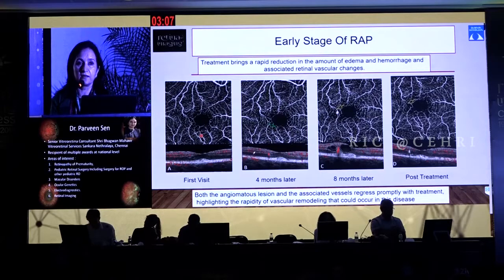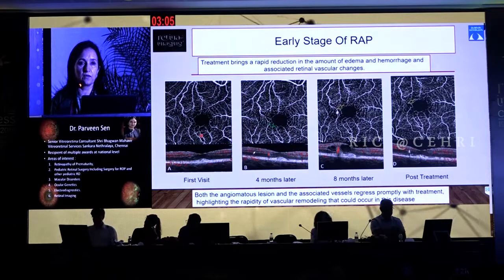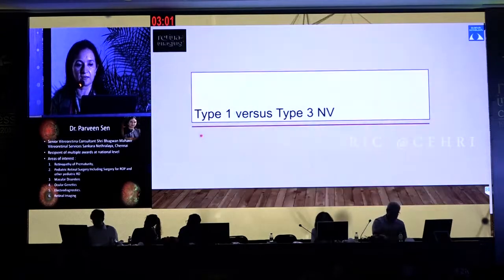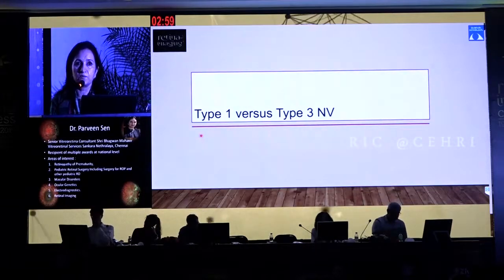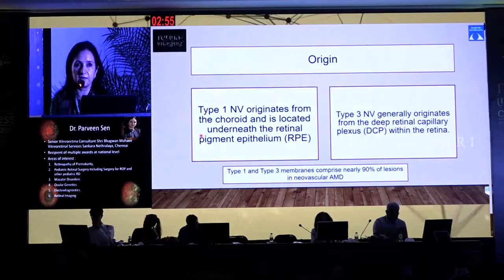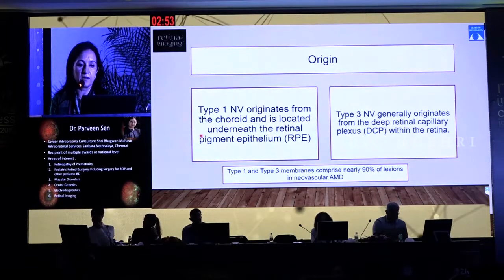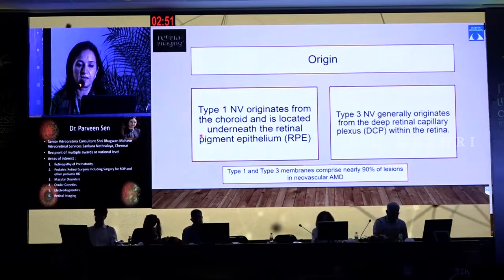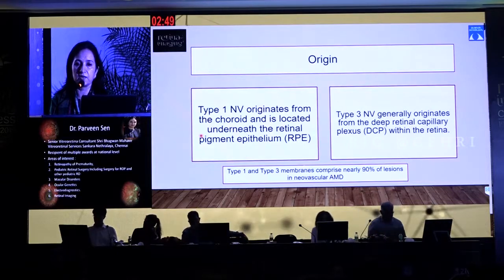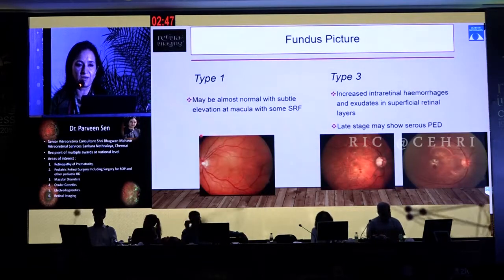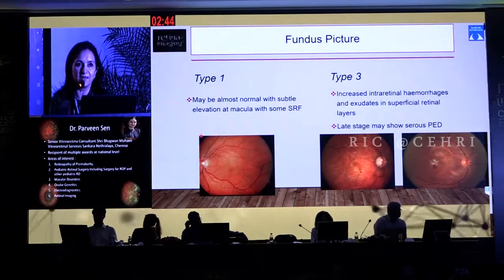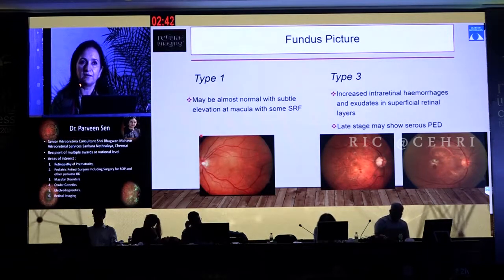It shows that regression of this hotspot and remodeling of the vessels can happen if treatment is initiated in the early stages. So with this, I bring out some differentiating points between type 1 and type 3 CNV. Type 1 is under the RPE, and type 3 is originating in the retina, the vice versa, type 1 under the PED and type 3 in the retina.